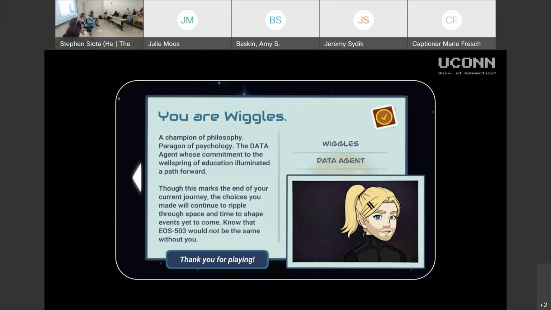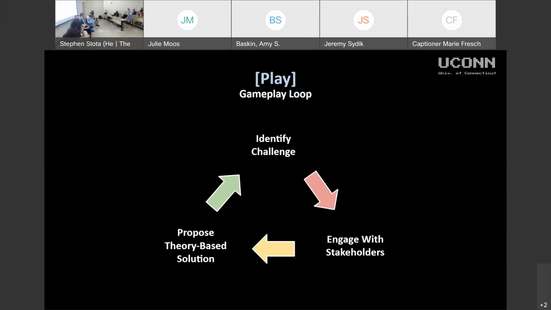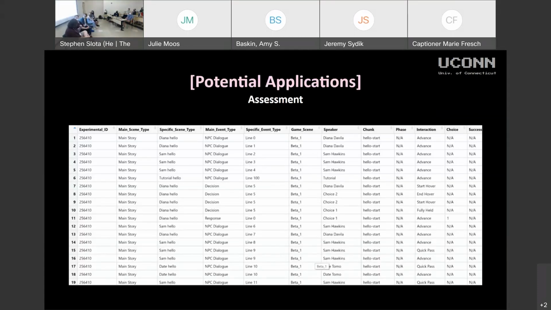I think we would like players to critically be making decisions, but like we were talking about with assessment, if players are non-critically making choices, that's part of the analysis that we're going to run. We're going to be looking at dwell time. How long are they taking to make their decision? This is just a sample of some of the data that we started to collect.